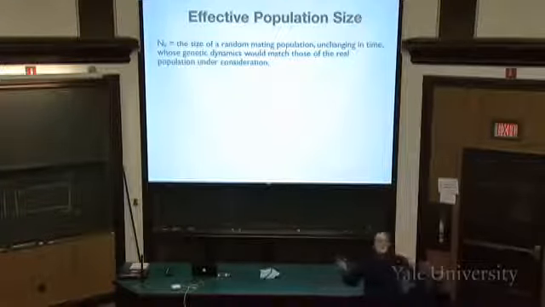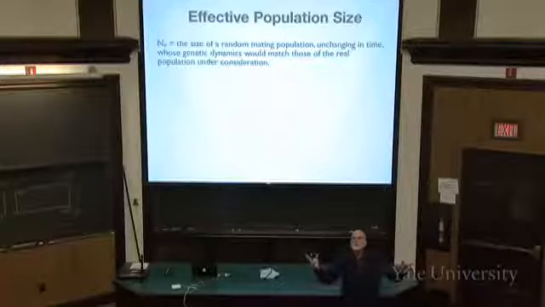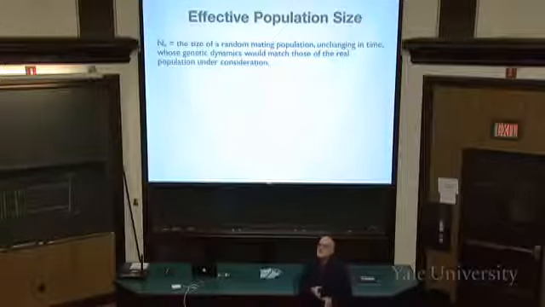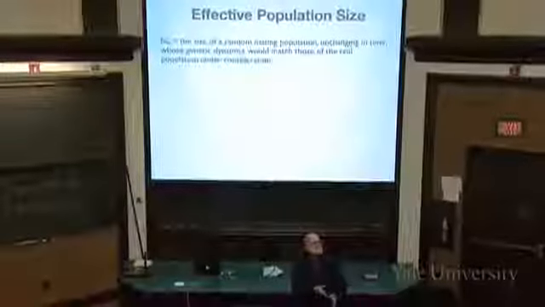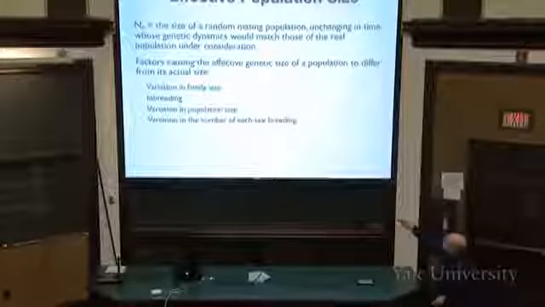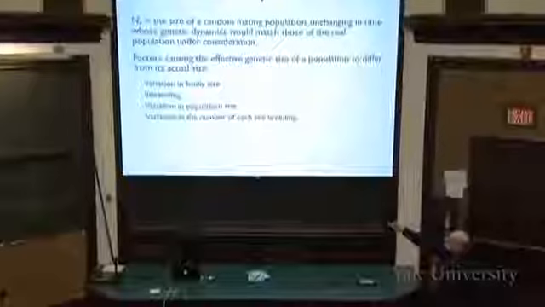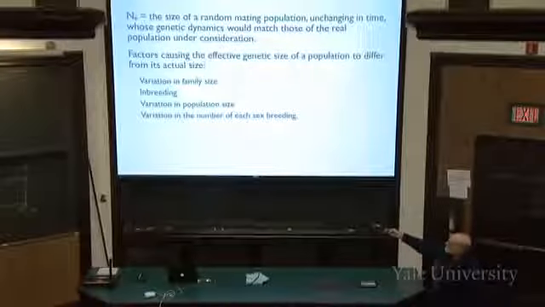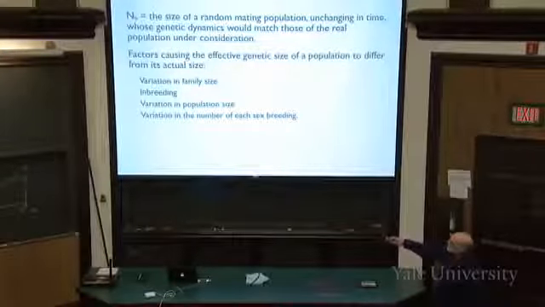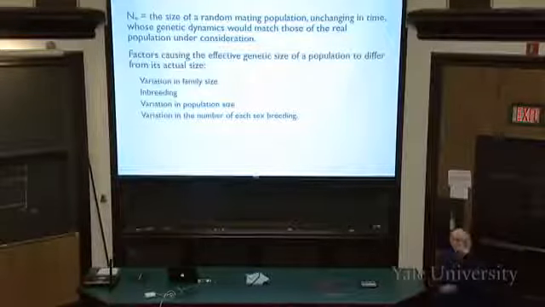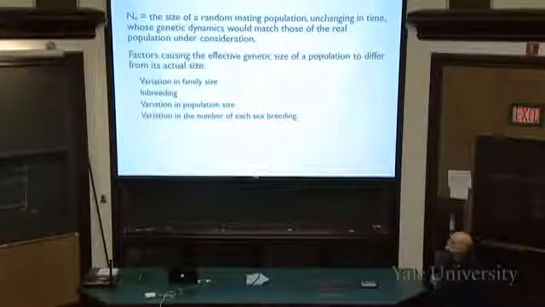How do we take a real population and transform it into something that's really easy to calculate? Well, there are methods of doing so. The factors that have to come into consideration are variation in family size, inbreeding, variation in population size, and variation in the number of each sex that is breeding.